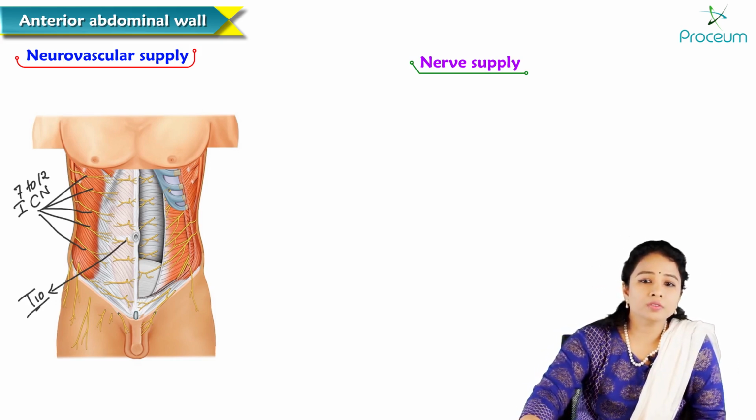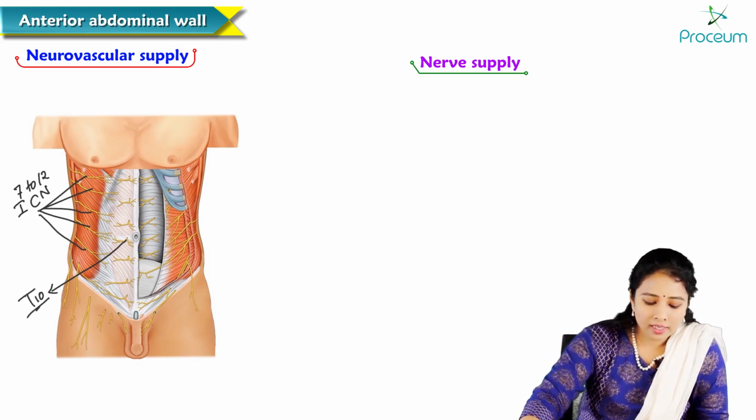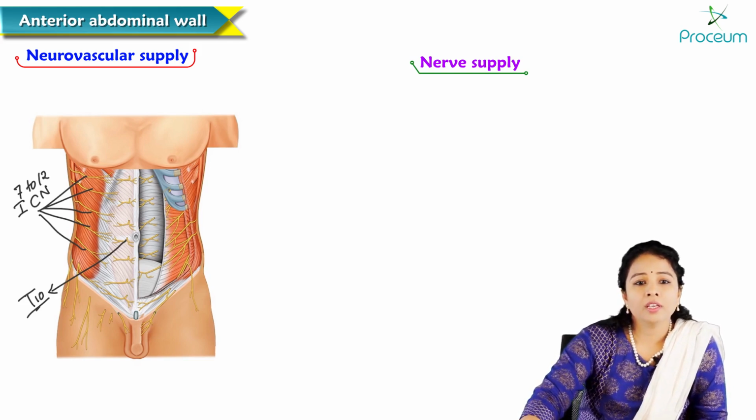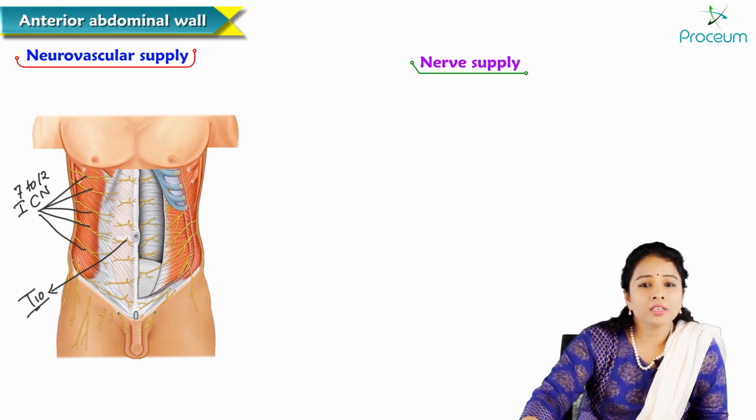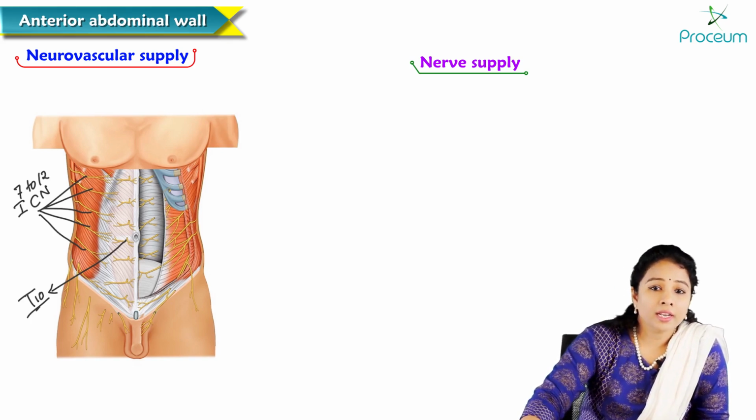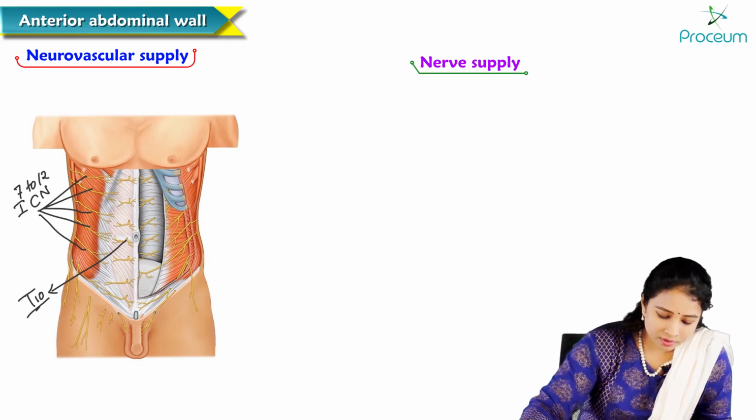Contributions from the nerves of lumbar plexus L3, L4, L5 include the iliohypogastric, ilioinguinal and genitofemoral nerves and lateral femoral cutaneous nerves.